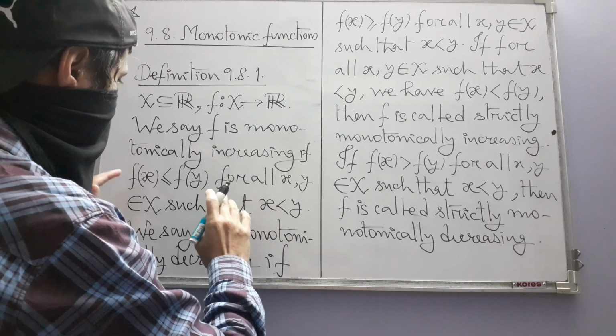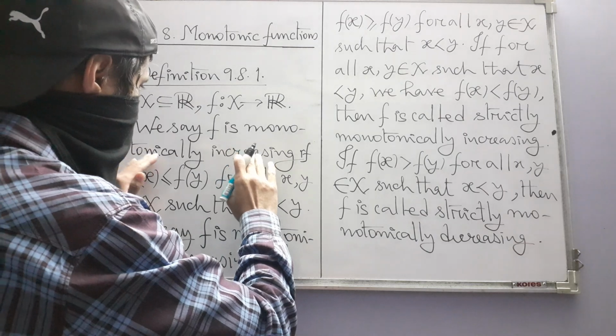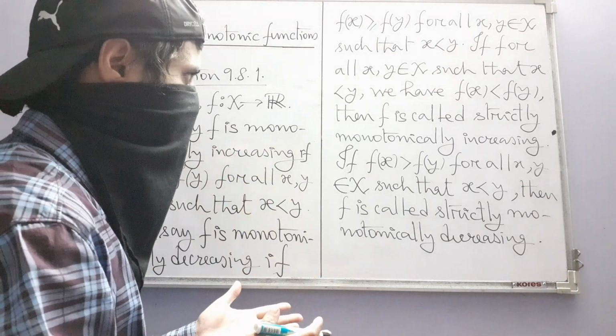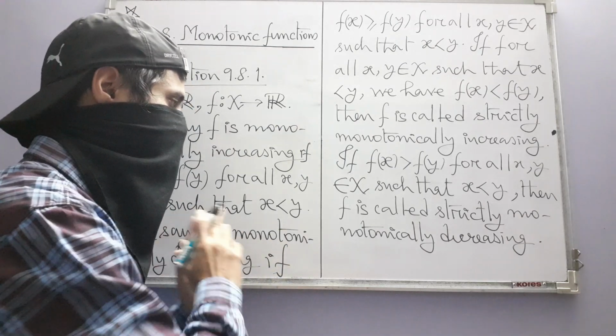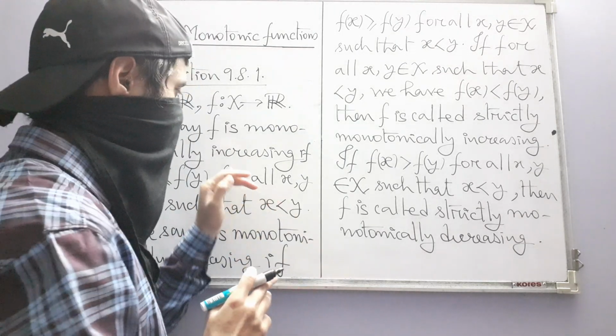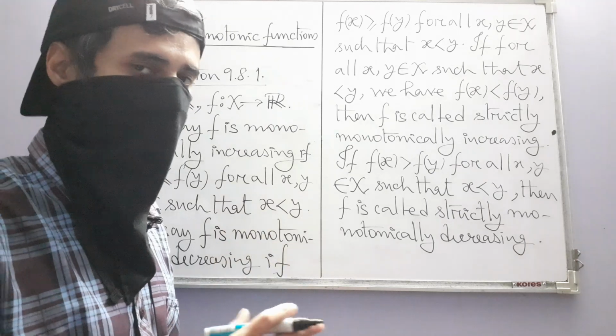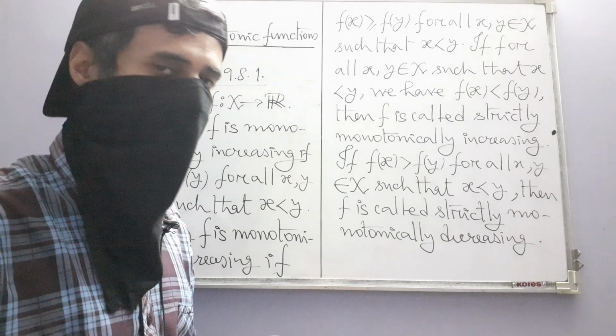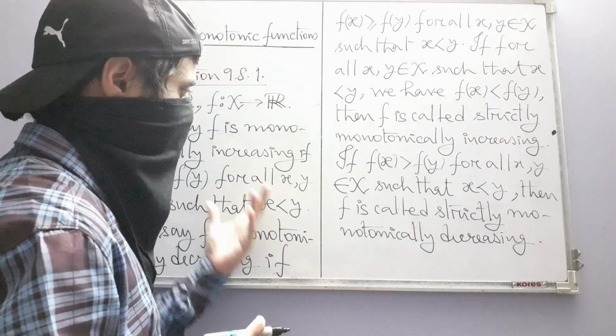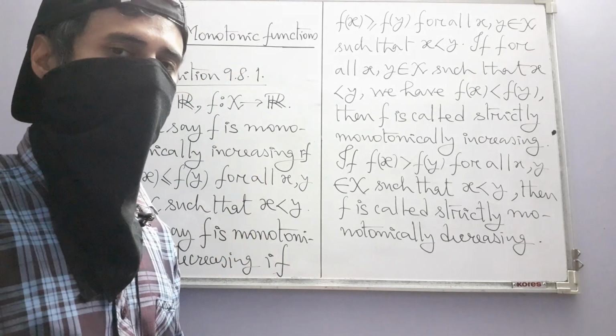If a function is either monotonically increasing or monotonically decreasing, without specifying which one, then such a function is simply called monotonic.